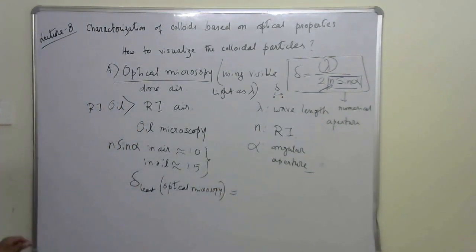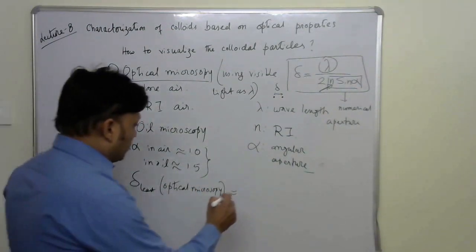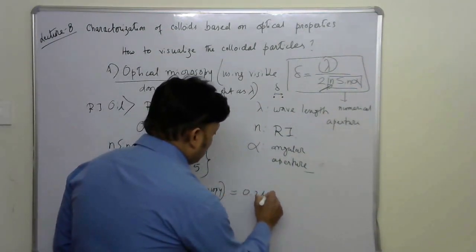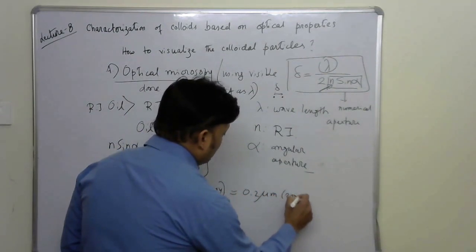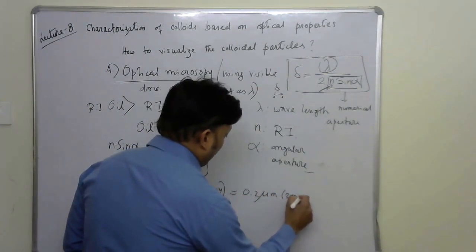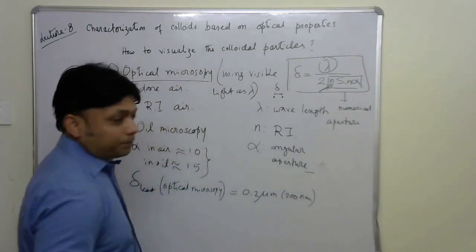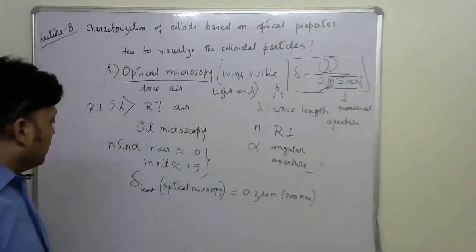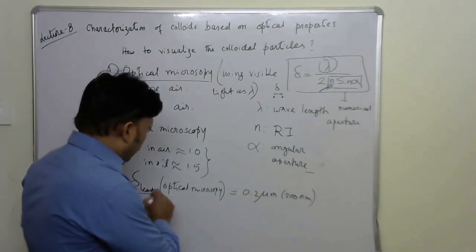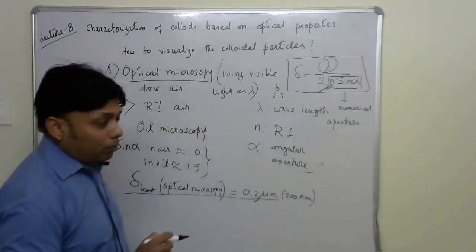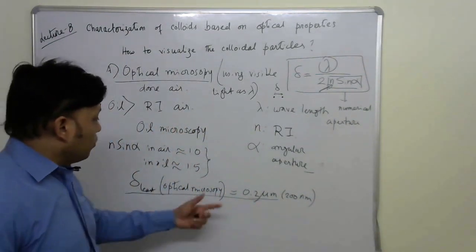Okay. So this goes to a value of 0.2 micron or 200 nanometer. So now you see, you can resolve a distance of 0.2 micron, but the problem is our human eye resolution.